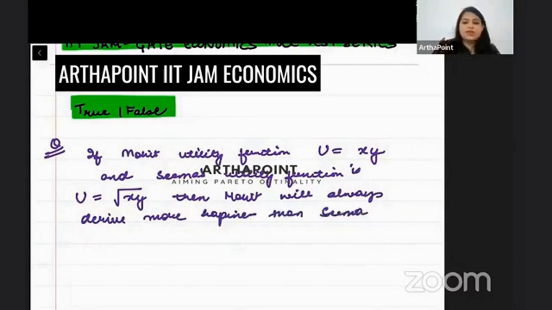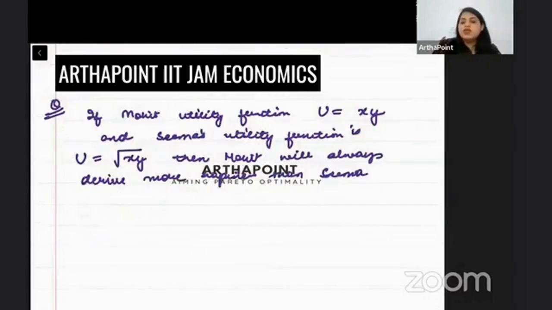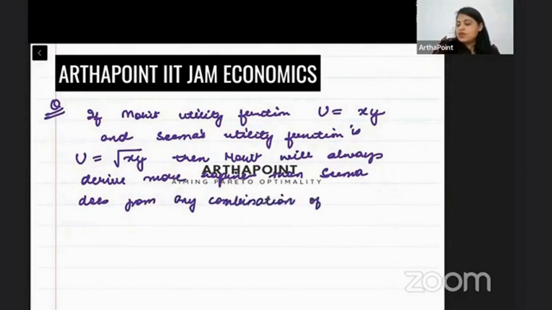Please take care of my writing. So Mohit will always derive more happiness than Seema does from any combination of x and y. So beta, this is the question.